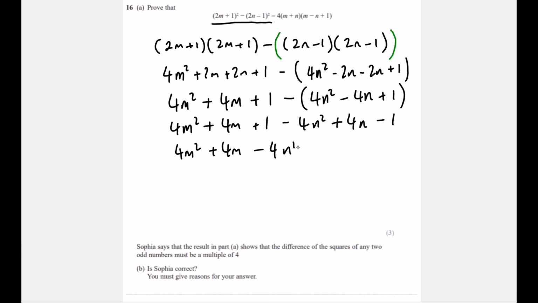So we've got minus 4n squared plus 4n. So we can easily factorize the 4 out of here. So let's take the 4 outside. I'm going to write m squared, and then I'm going to write minus n squared, then plus m plus n.